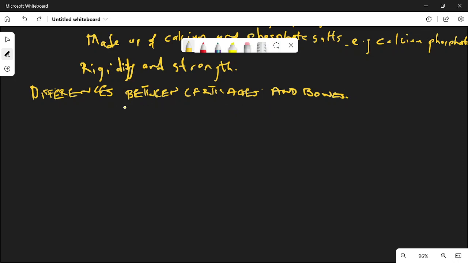Differences between cartilages and bones. So let's do something like this.